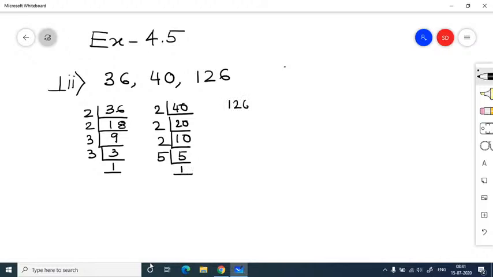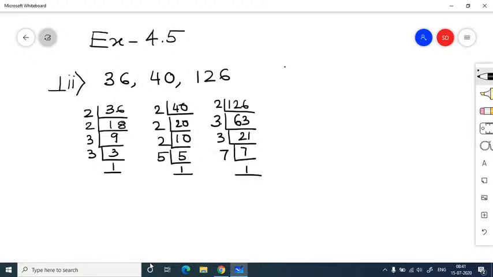Again 126, 2 63s. It will not go with 2 anymore because it does not end with an even digit. So 3 21s are, 3 7s are, 7 ones are.